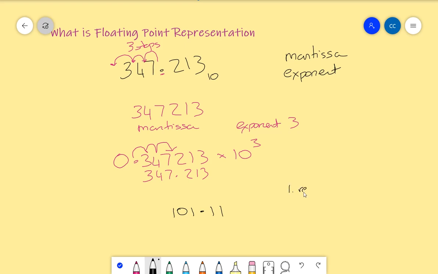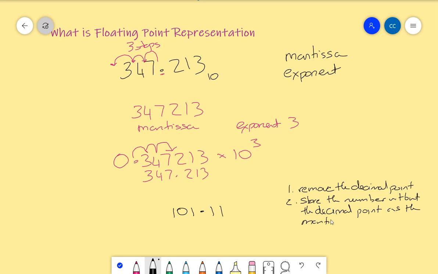It has to, number one, remove the decimal point and store the number without the decimal point as the mantissa, and it has to store the number of places the point has moved to remove the point. And that's stored in the exponent.